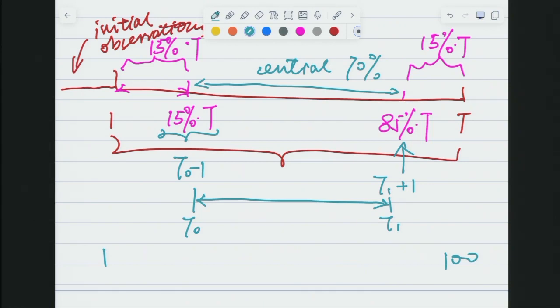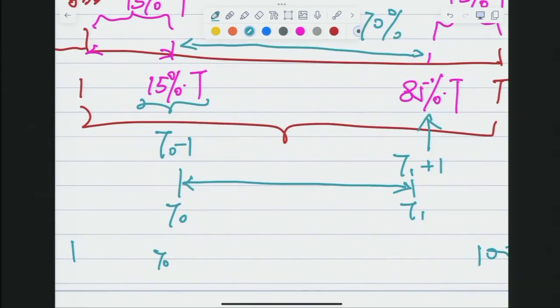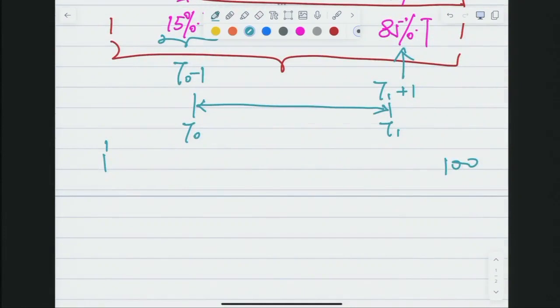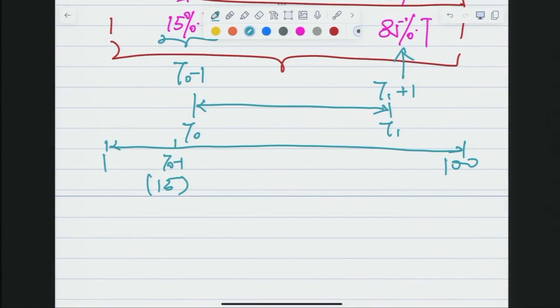Then we're going to set aside tau naught minus 1, which is equal to 15, the first 15 observations, and we're going to begin our search at tau naught, which is 16. We're going to test whether at the time index that corresponds to number 16 in the data set, there's going to be a break.